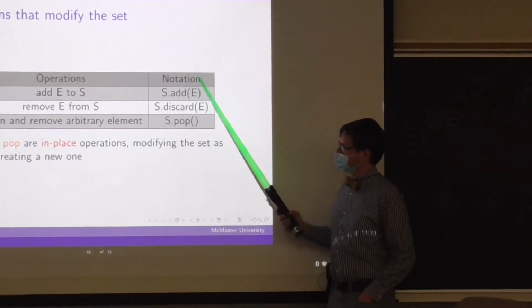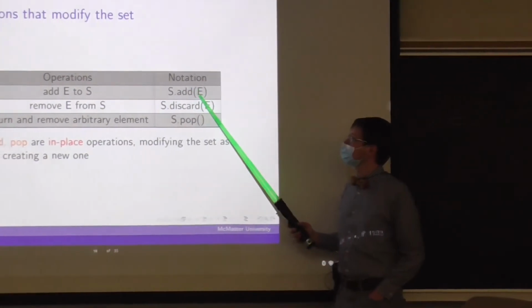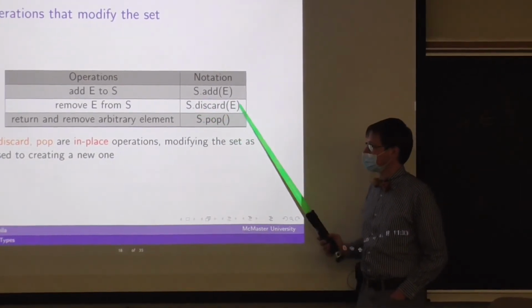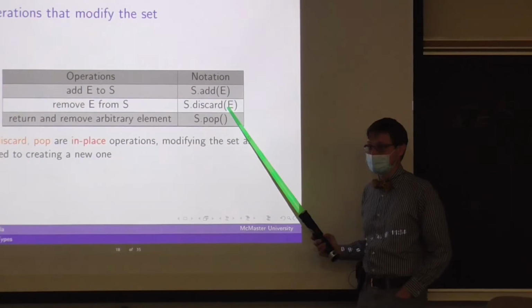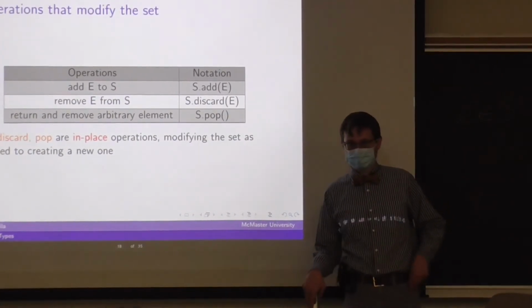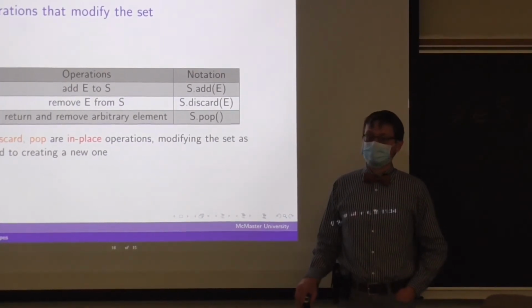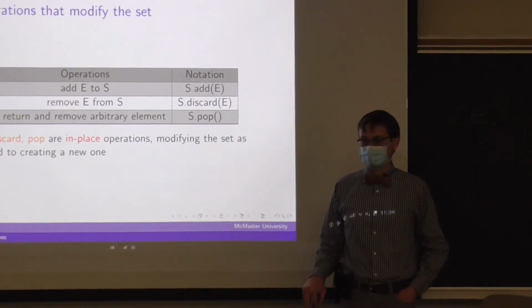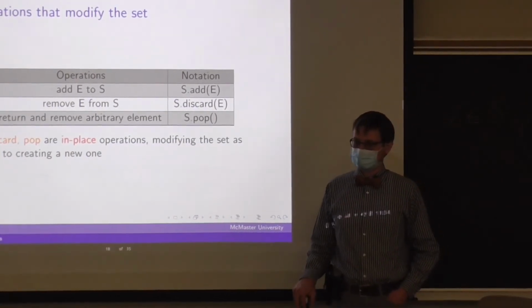If we want to add something to a set, we add with .add. If we wish to discard something, we say discard some element. And if we want to return and remove an arbitrary element, we use pop. So arbitrary in this case means deterministic but not predictable.